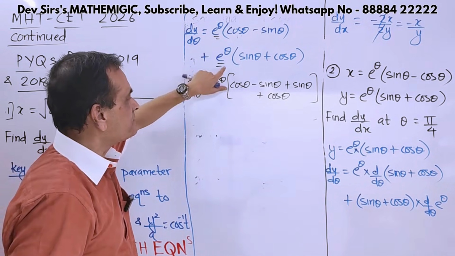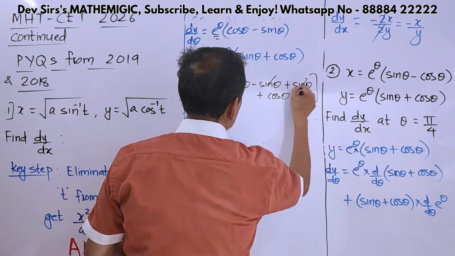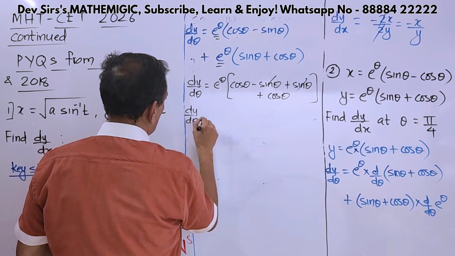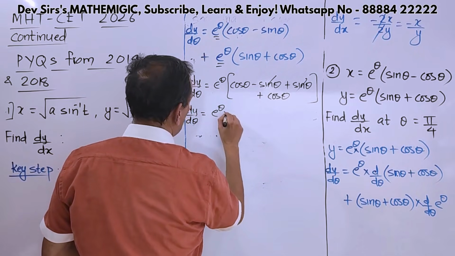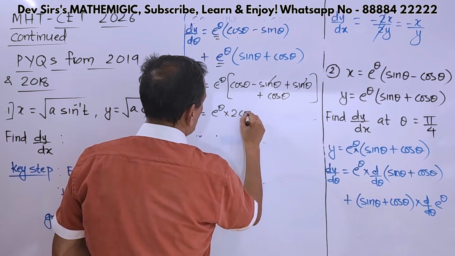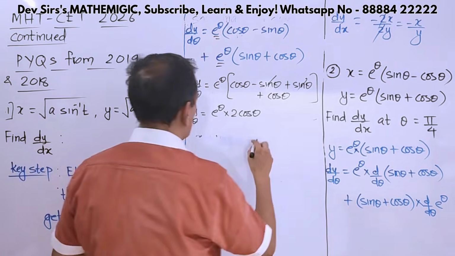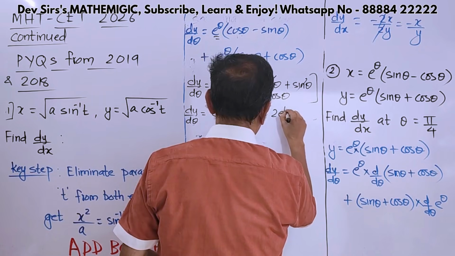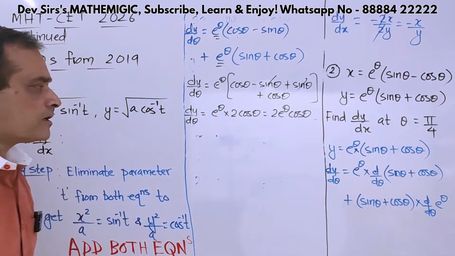I'm just adding the terms by taking e raised to theta common. So minus sin theta plus sin theta is gone. Cos theta plus cos theta. So what is it that I get? Two e raised to theta cos theta.